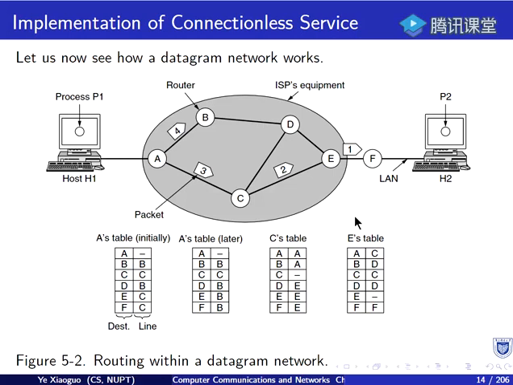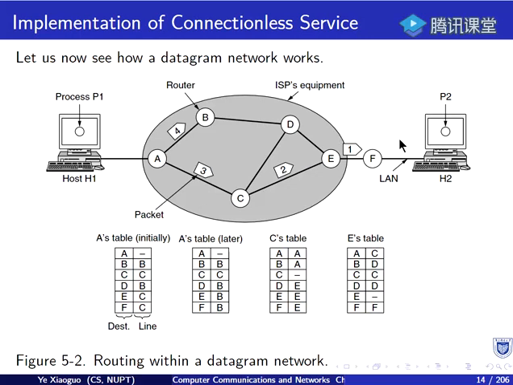So that means sometimes at the same time the router sends from A to C, but later probably the router directs a packet to B. So that is the initial situation.